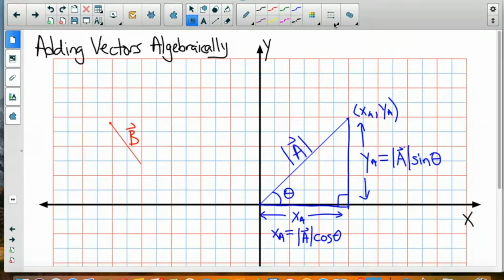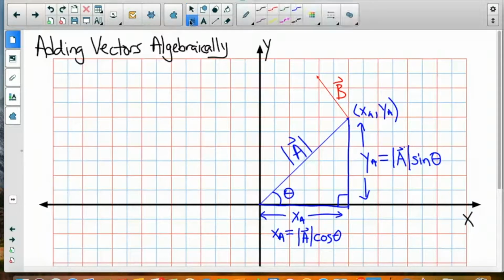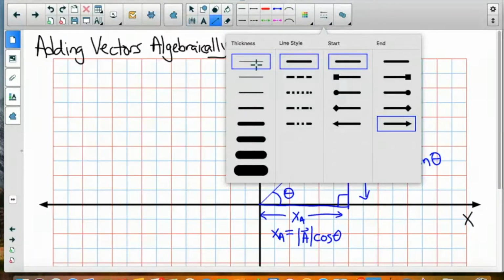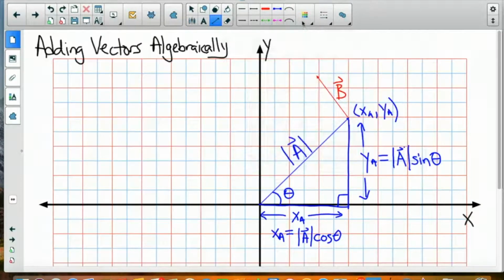Now, if we wanted to add two vectors, just like we did before, we could use our tip-to-tail graphical method, where I grab B and slide its tail to the tip of A, and that will build some resultant vector that we were calling R before. So there's our R vector.